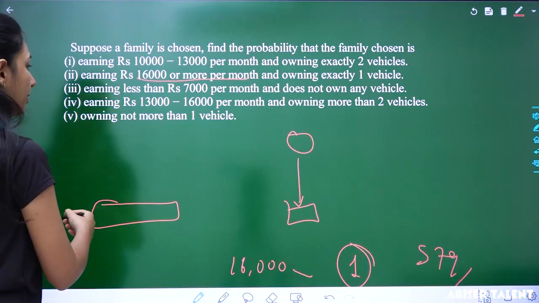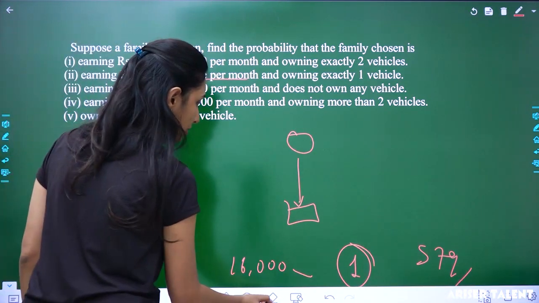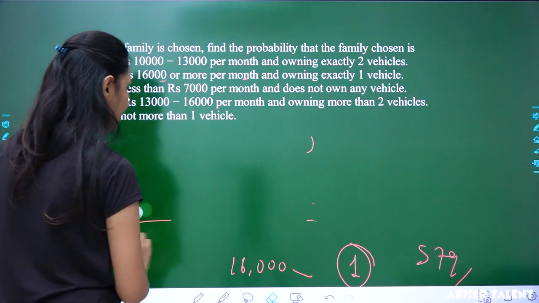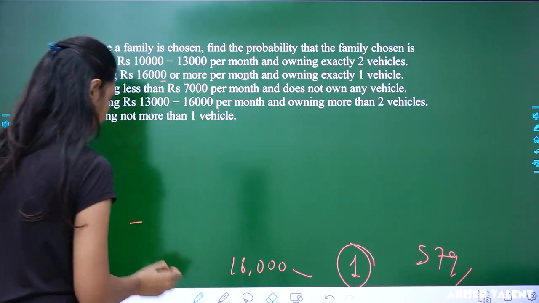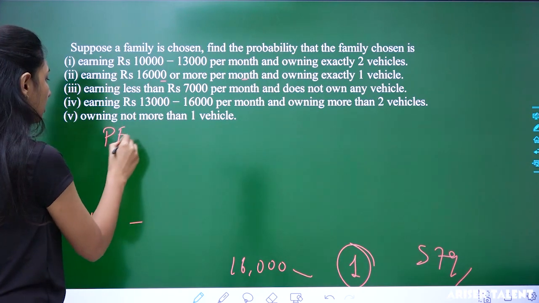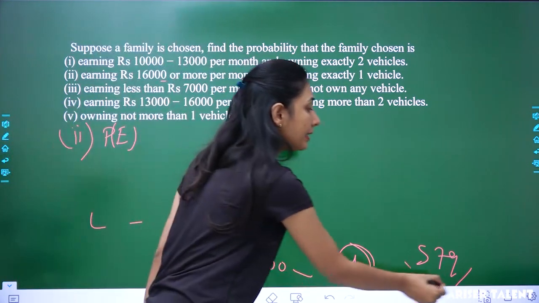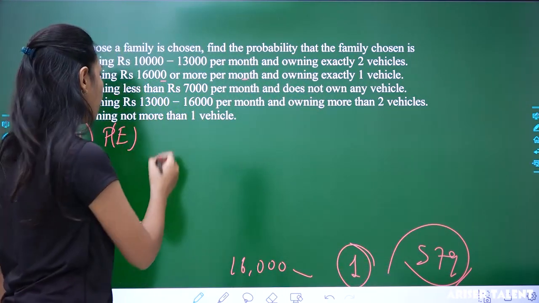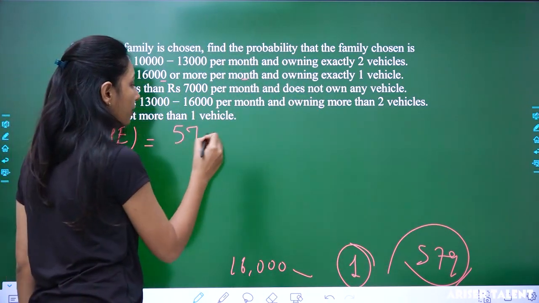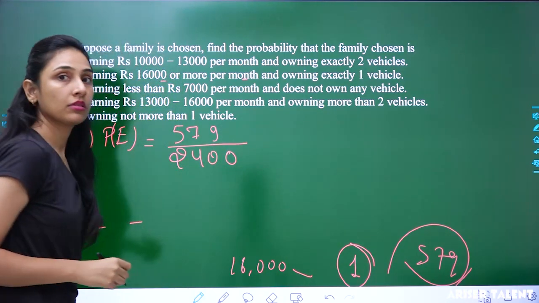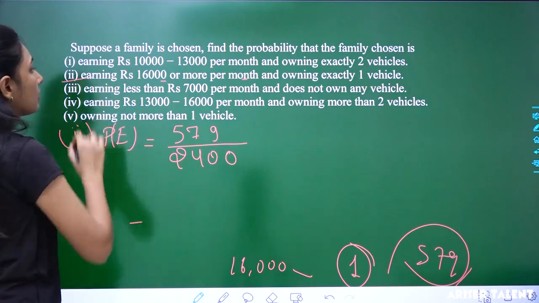So here for the second one, the probability is, what is the number here? 579, but out of what? 2400 families. So this is for the second one.